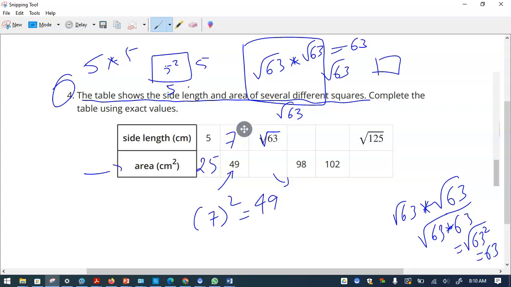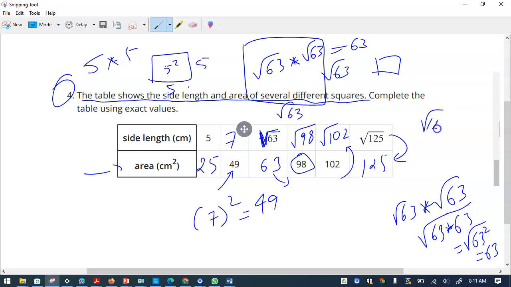So just remember that if we have a square root, then the area is just the number under the root. That means if this is 98, the side has to be square root of 98. If you go backwards, you just put a square root. But if you go this way, you just have to square, and write 125, because square root of 125, if you square it, is 125. So that's the basic idea of what the area is.